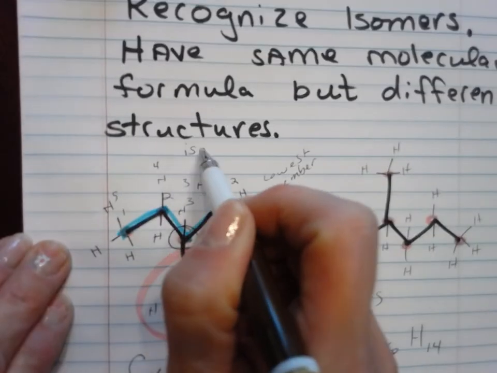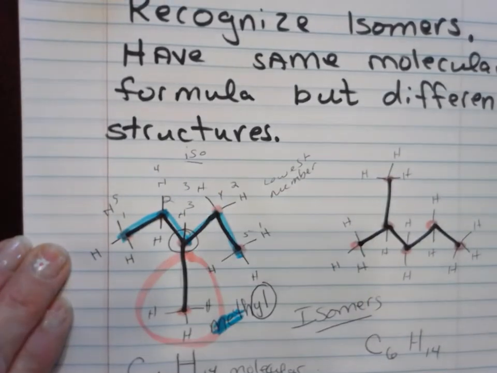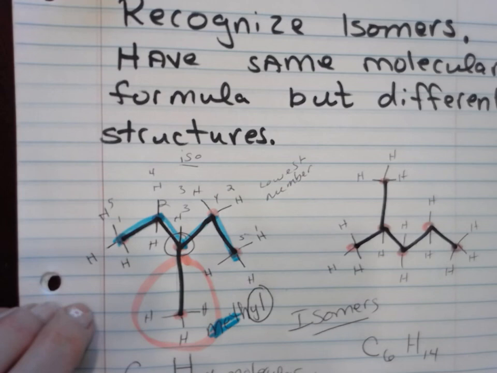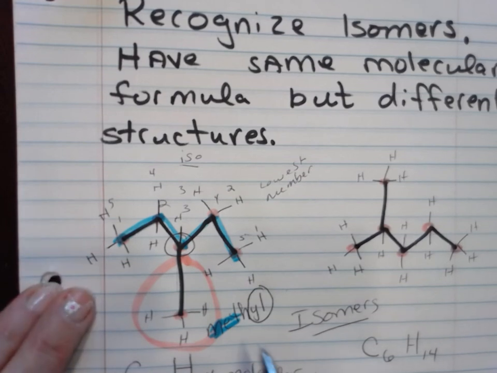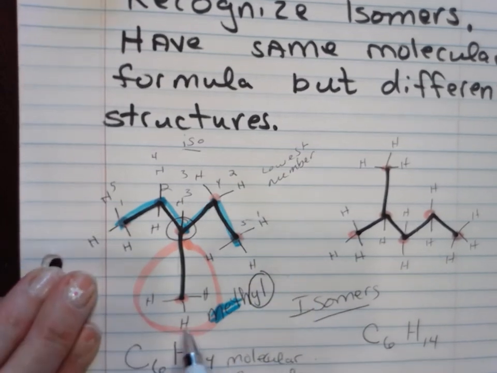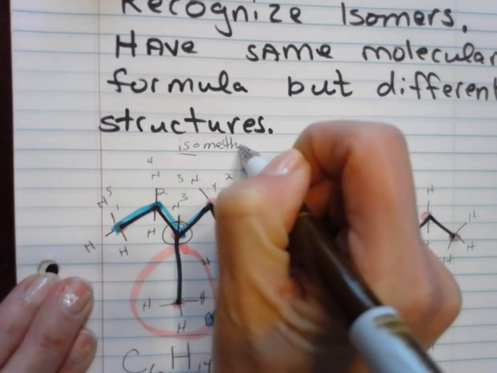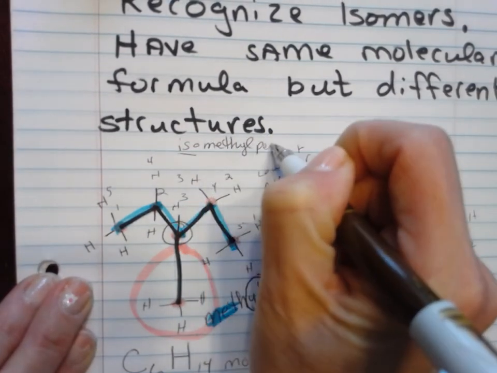So you've seen this before when you were naming some substituents like isopropyl, isobutyl. Another thing that you might see is this being called isomethyl pentane.